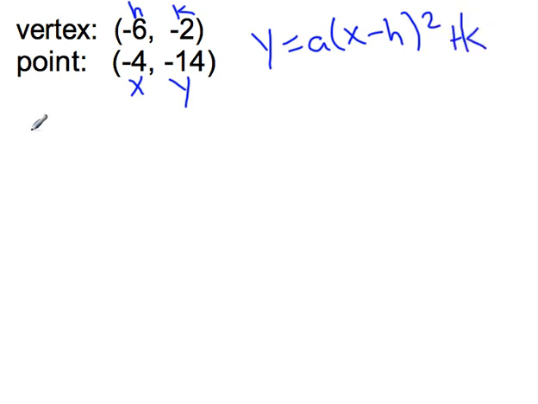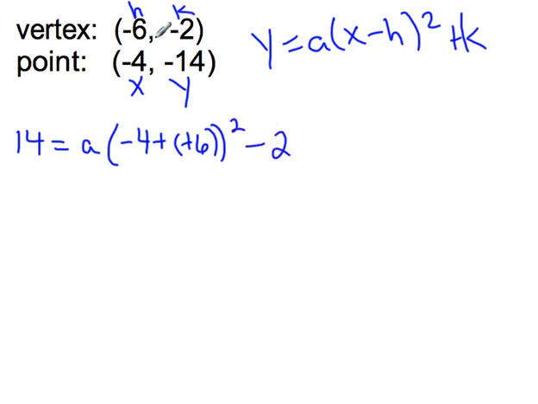Now when I plug in, it's going to be 14 equals a times negative 4 minus negative 6, or you could even think opposite of negative 6. This is going to turn into plus 6 squared, and then minus 2 goes outside because that's the k.